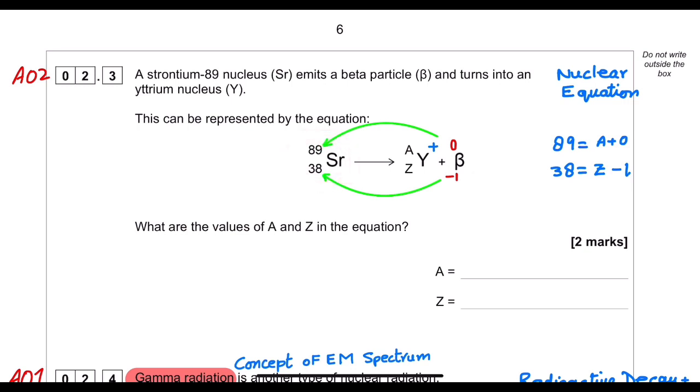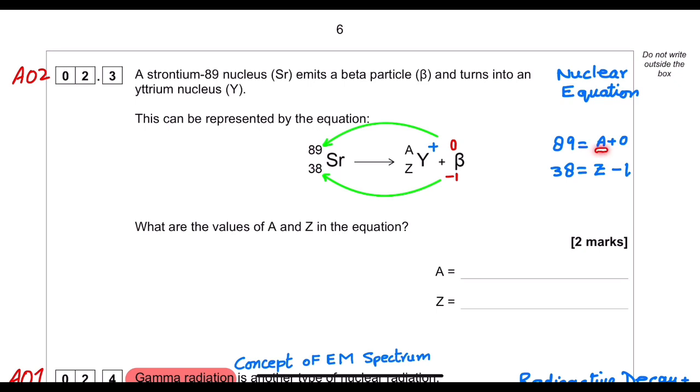We need to find the value of A and Z again in this question. This question is from the nuclear equation. We know that the beta particle has a charge of -1 and mass is 0. When we add these two values, the answer must be 89. When we add Z and -1, the answer is 38.